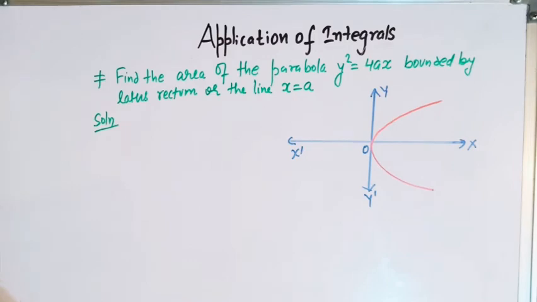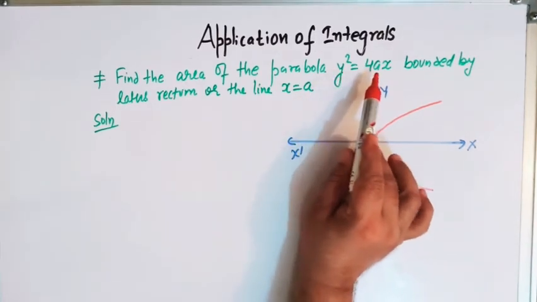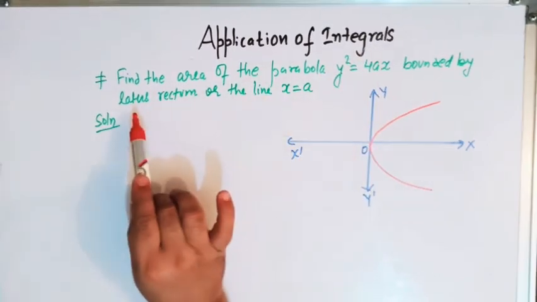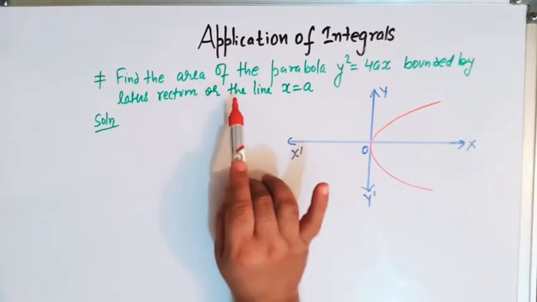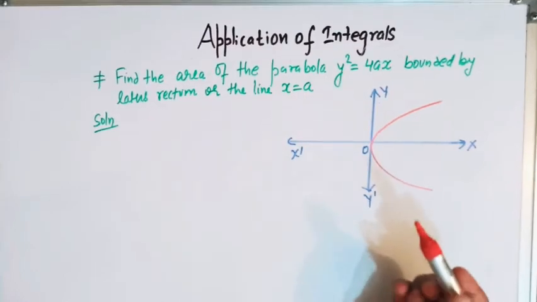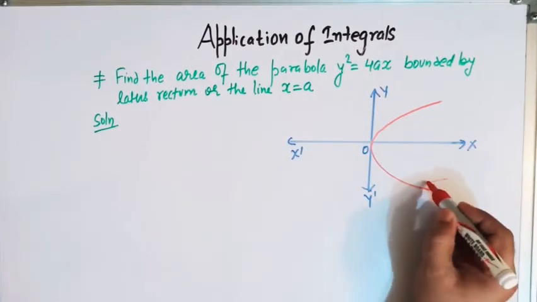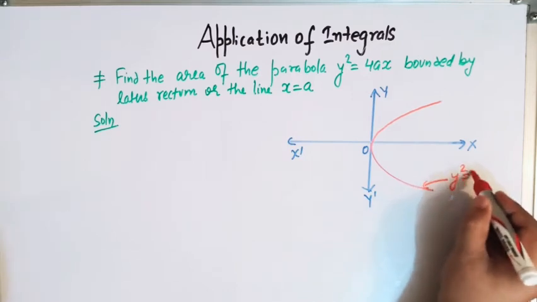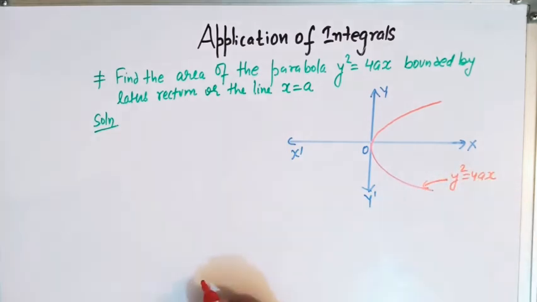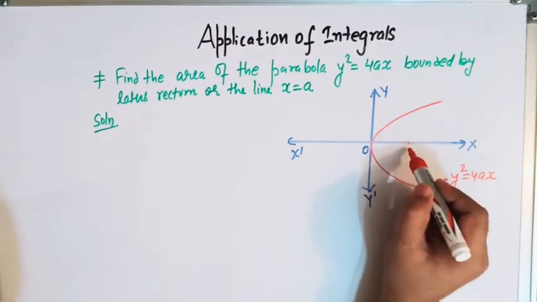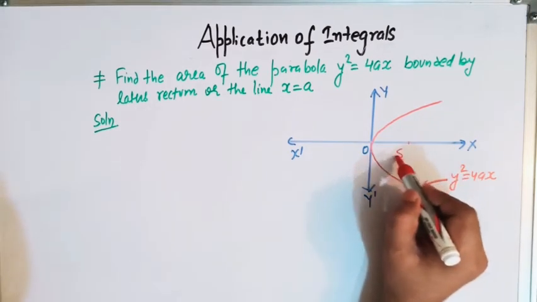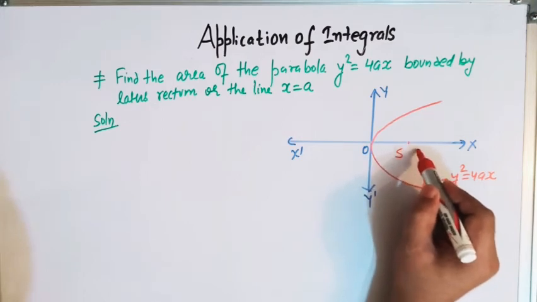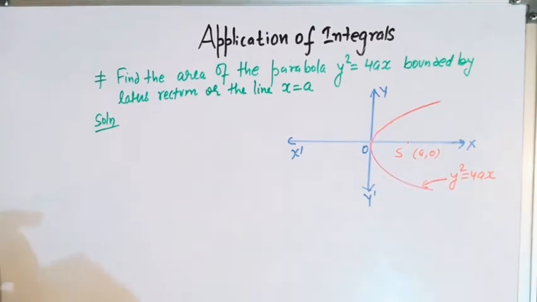Now viewers, let us take this problem. Find the area of the parabola y square equal to 4ax bounded by the latus rectum or the line x equal to a. Now we know that this is the parabola y square equal to 4ax, right? And here is the focus, that is S, a comma 0, right?